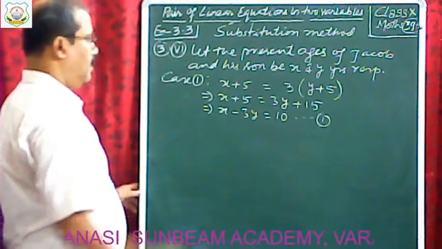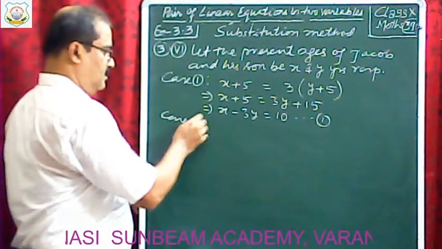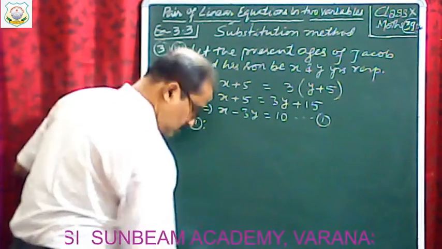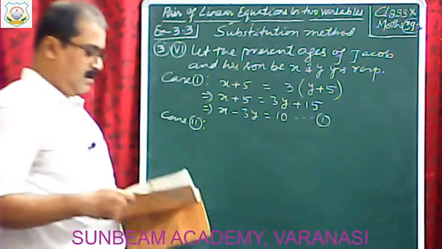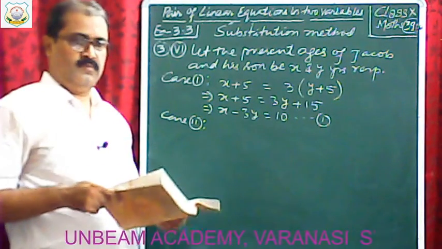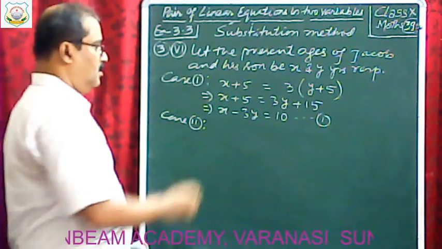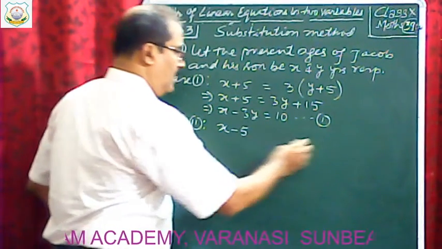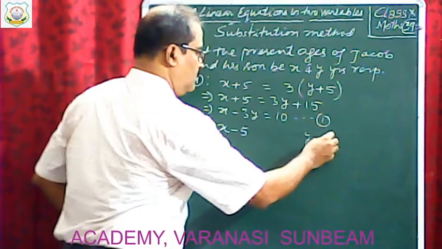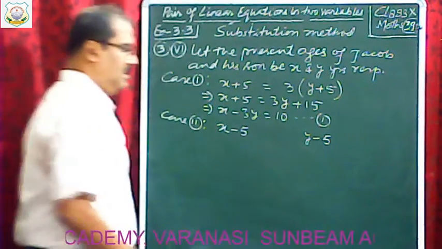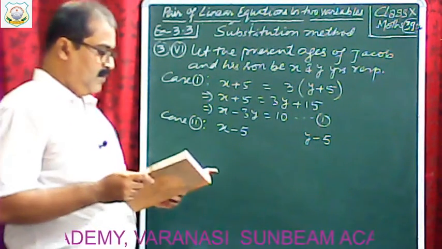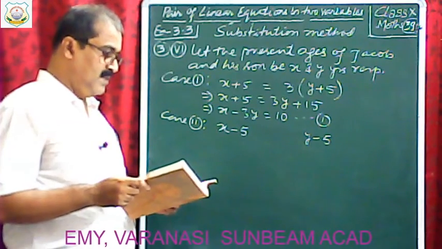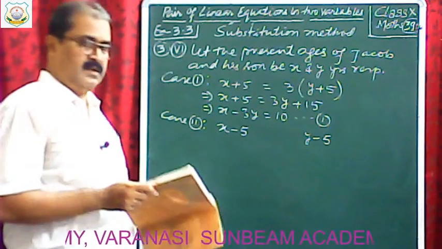Okay. Case number 2. 5 years ago, the age of Jacob was X minus 5 and the age of his son 5 years ago was Y minus 5. So 5 years ago, Jacob's age was 7 times that of his son.